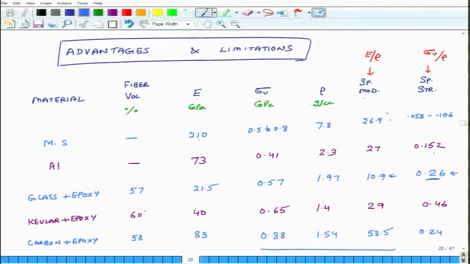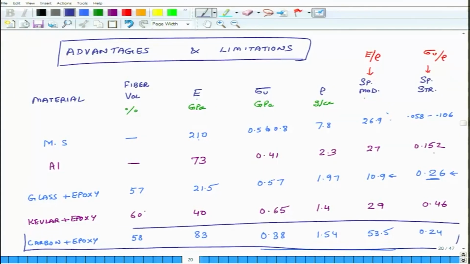And if you look at this table, it is for this reason. If you look at carbon epoxy composite, for the same amount of mass, it gives you a lot of stiffness and it also gives you a lot of strength. And that is one very strong reason that in aircraft, where you want to reduce the mass without reducing the stiffness or the strength of the structure, people use a lot of times carbon plus epoxy type of composites.